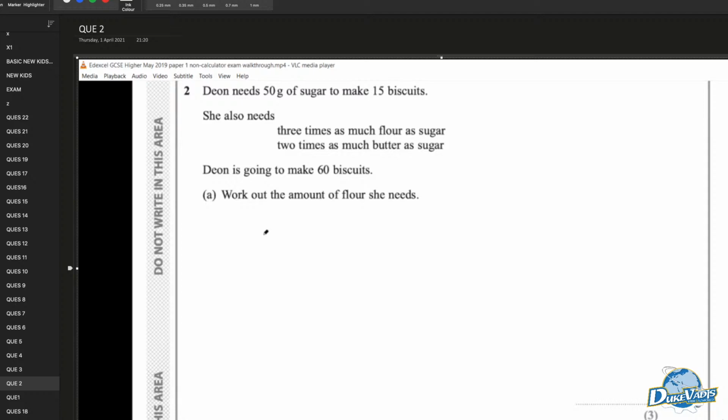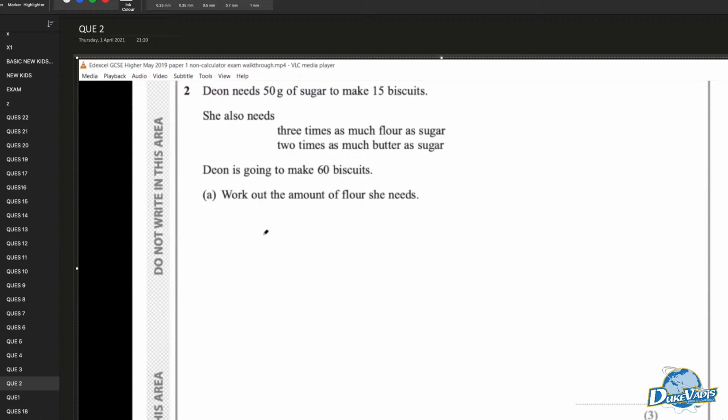That's the first condition. The second condition is that she also needs 2 times as much butter as sugar. Dion is going to make 60 biscuits. Work out the amount of flour she needs.